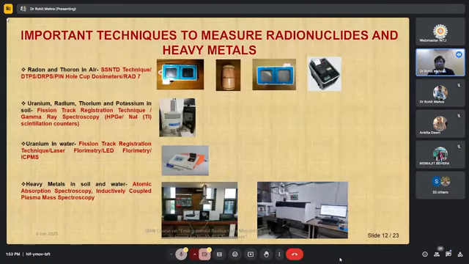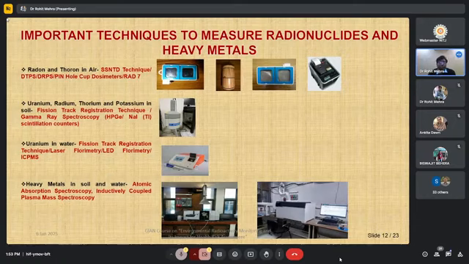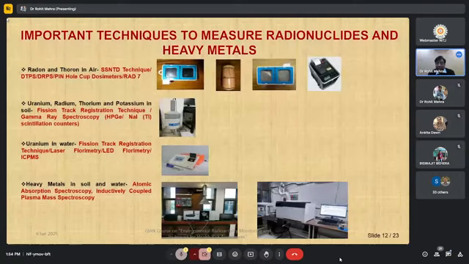Why thoron is important, Dr. Tokonami explained in detail in the morning: the thorium series is also very important, and thoron is a decay product of thorium, and it is very volatile also. That is why its study is very important, because it can have a different type of impact. Secondly, the alpha particles emitted by thoron have quite big energy. So that is why their study is very important.